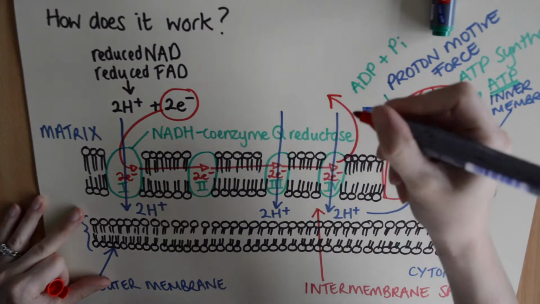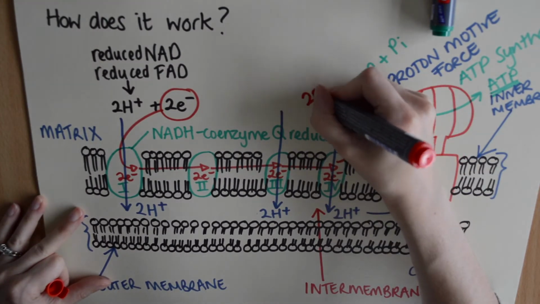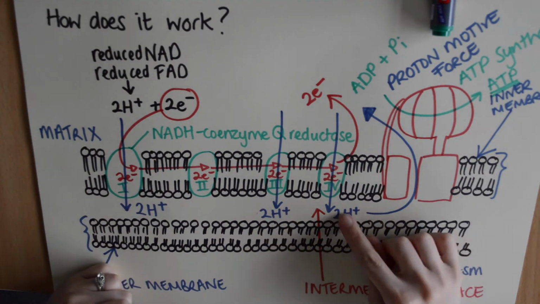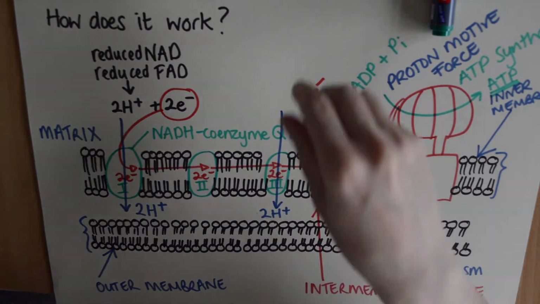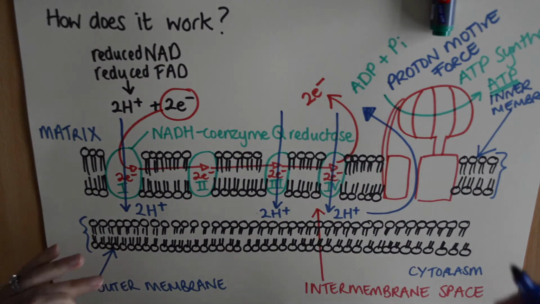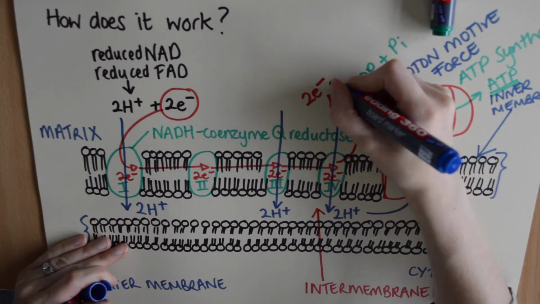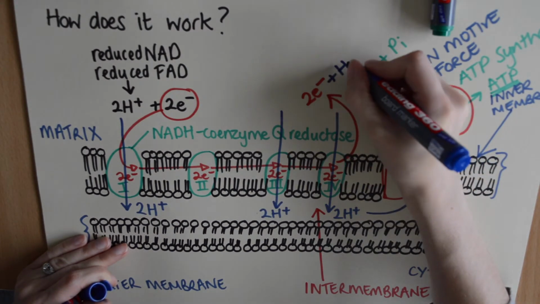Those electrons are going to re-enter the matrix. We've also got lots of protons moving down their concentration gradient and back into the matrix.